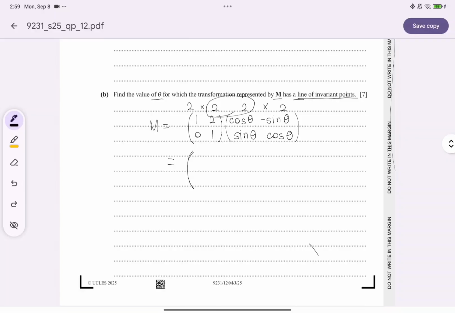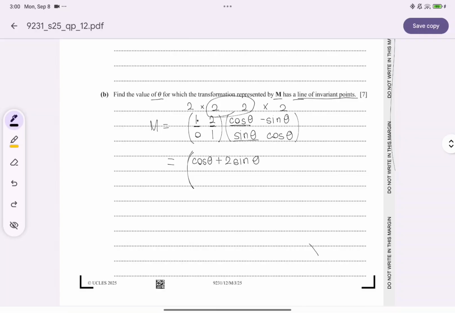So let's first find the element on the top left hand corner. It would be in the first row, first column, so we multiply the first row of the first matrix with the first column of the second matrix and add them up. So 1 times cosine plus 2 times sine, which gives cosine theta plus 2 sine theta.